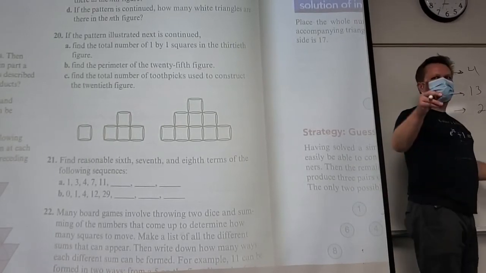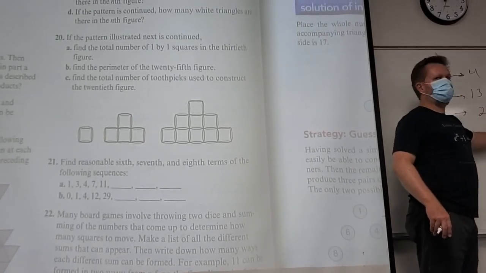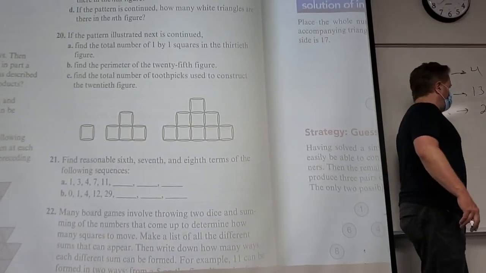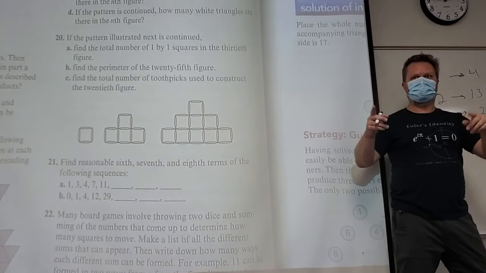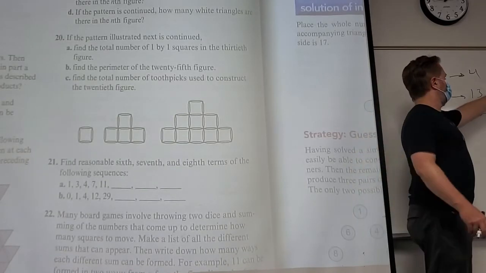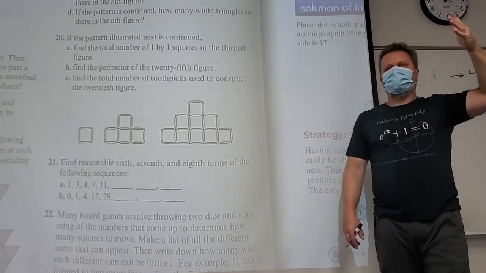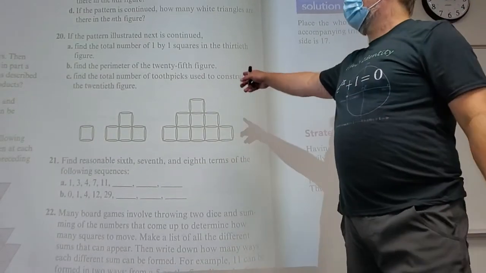All right, so you're assuming that this keeps going up by 4, right? Okay, so that's what I was saying. You want to do one more figure just to make sure. And you're talking about going back a step. Yeah.